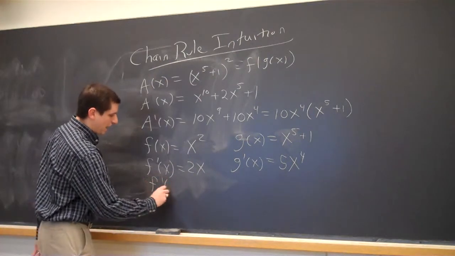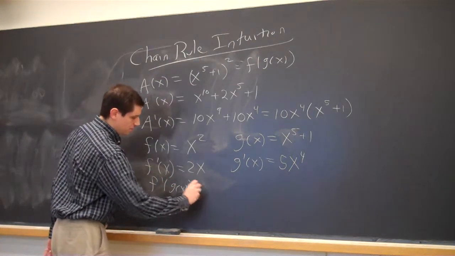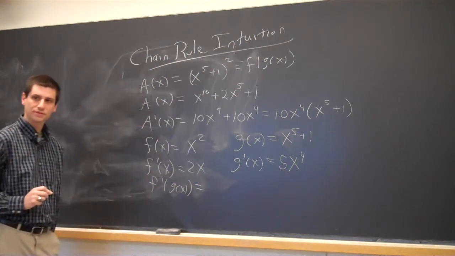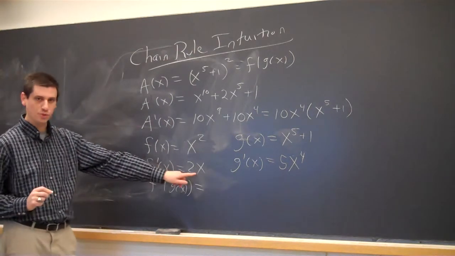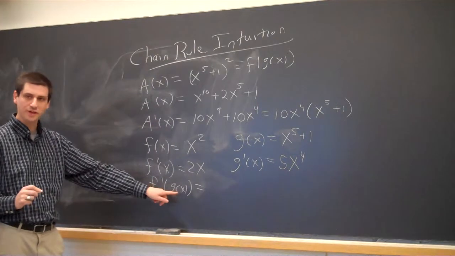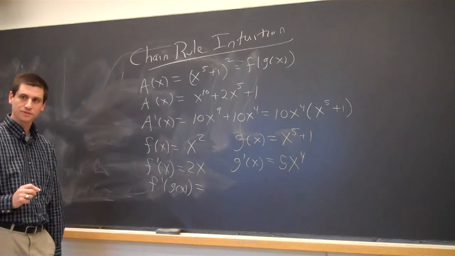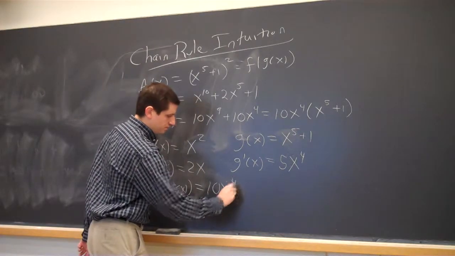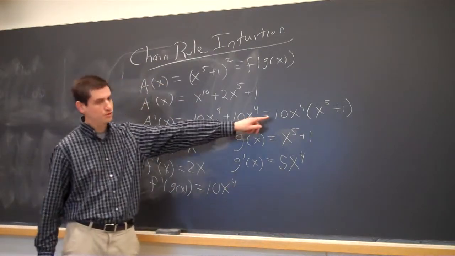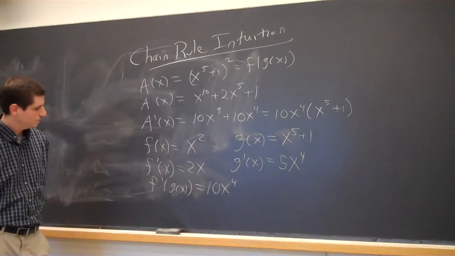F prime at g of x is equal to... So f prime of input is twice input. F prime of g of x is just going to be 10x to the 4th. Usually f prime of g prime. I'm sorry?